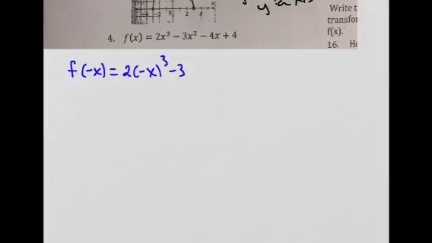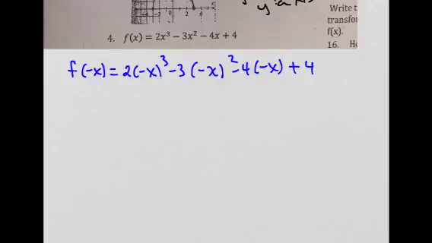And if we get the original function back, then it's even. If we get the opposite of the original function back, then it's odd. If we get a combination of the two, then it's neither. So notice how I replaced every single x, so here, here, here, and here with a -x.